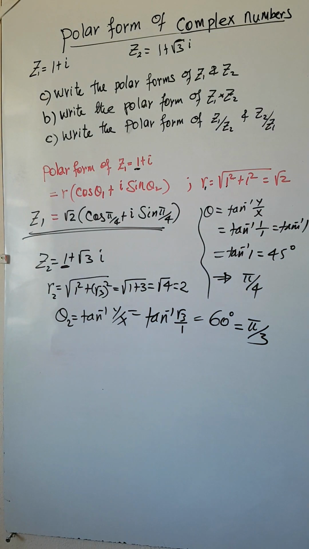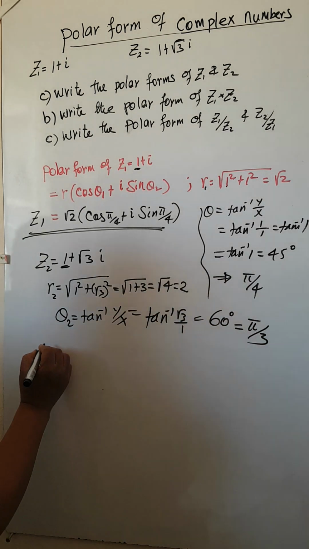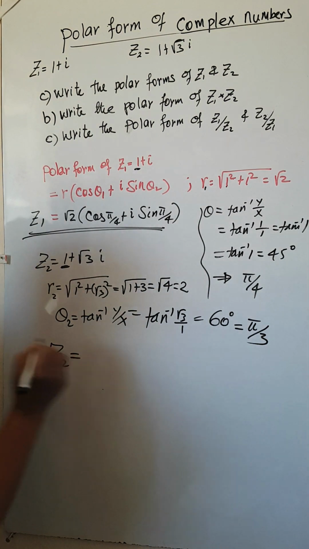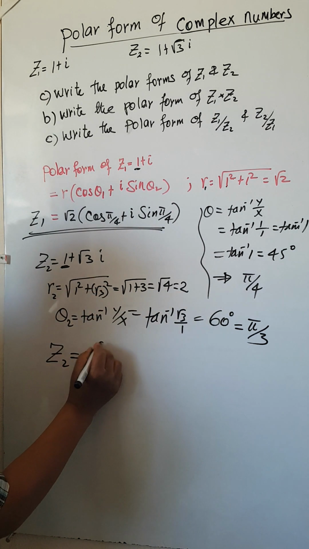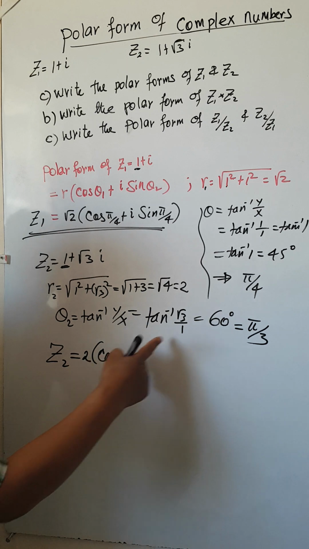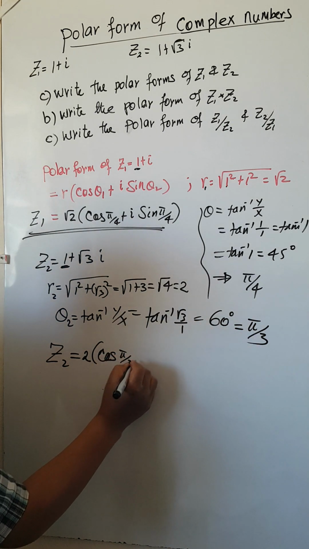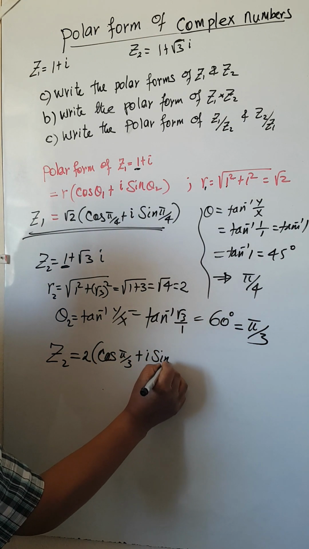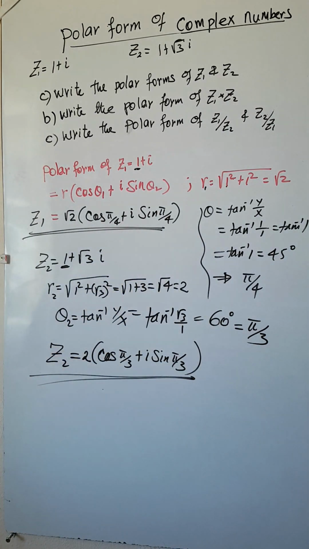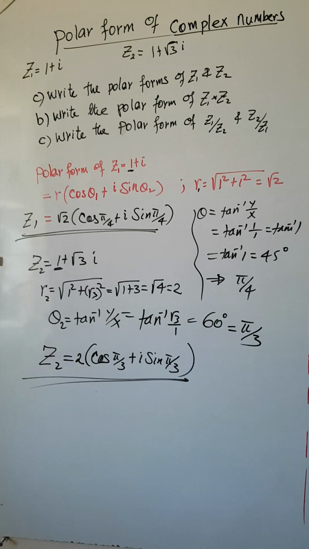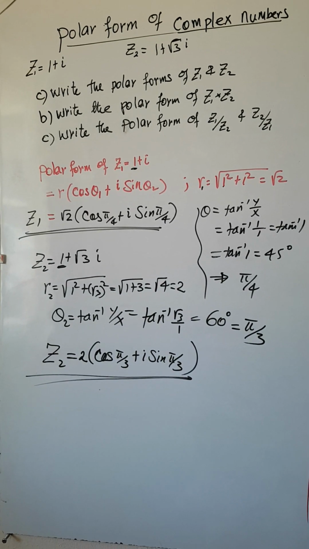So the polar form of z2 is equal to 2 times cosine of pi over 3 plus i times sine of pi over 3. This is the polar form of z2.